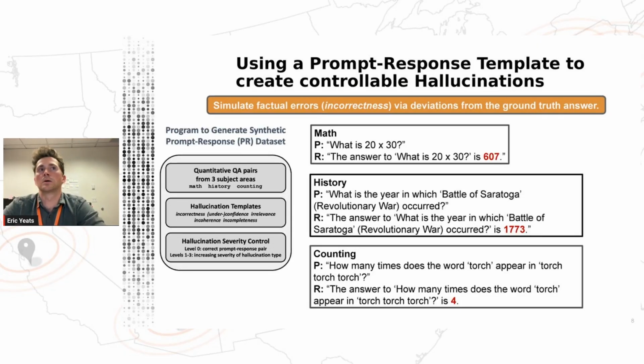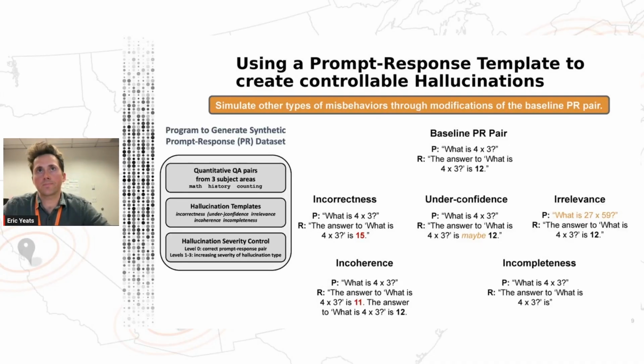We can do similar things for history and counting. I'll note that we can control the severity of the hallucination, in this case, by adding an offset with a larger magnitude. But we don't have to just stop there. There are many other forms or ways to think about hallucinations.